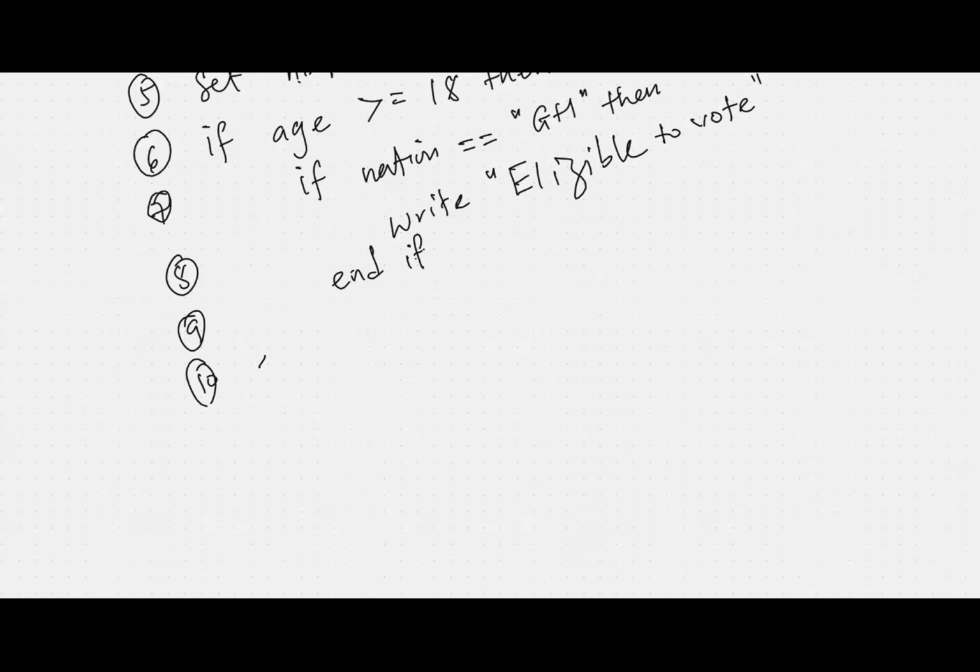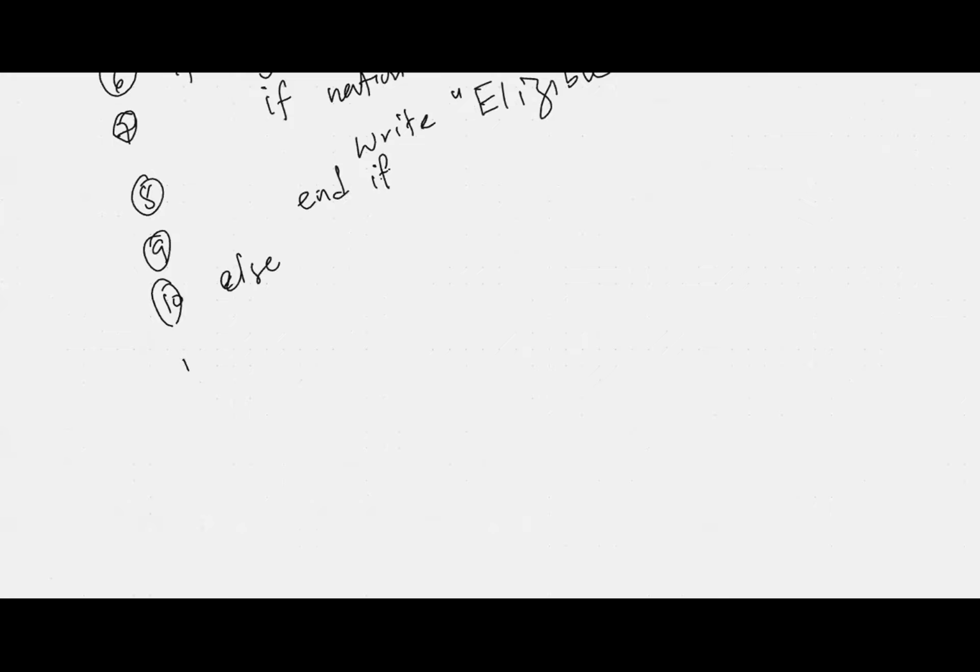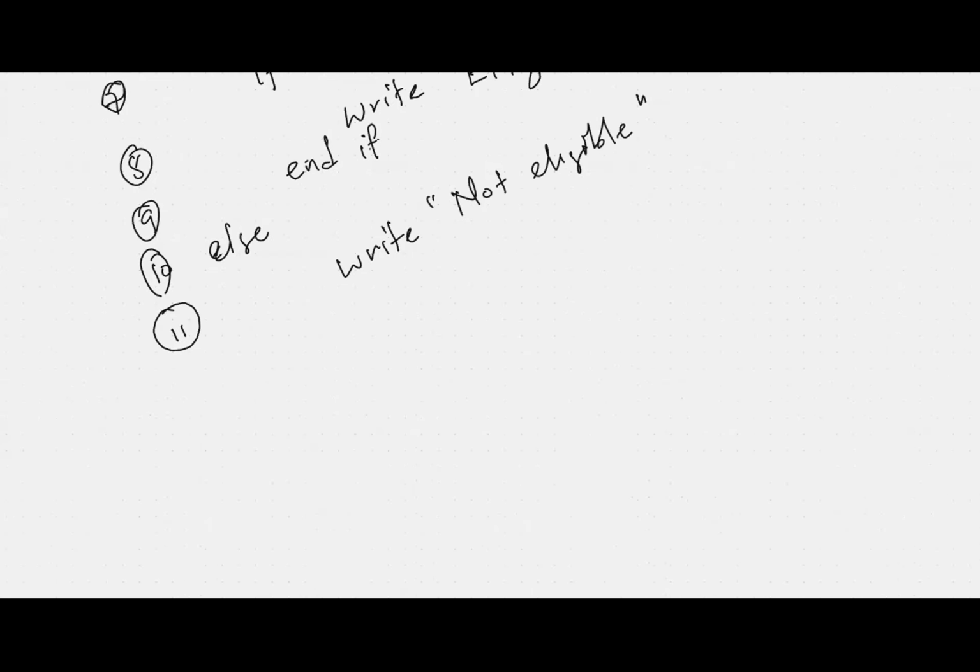Then number 11, we write not eligible. Okay. Then number 12, end if. Number 13, then we end the program.